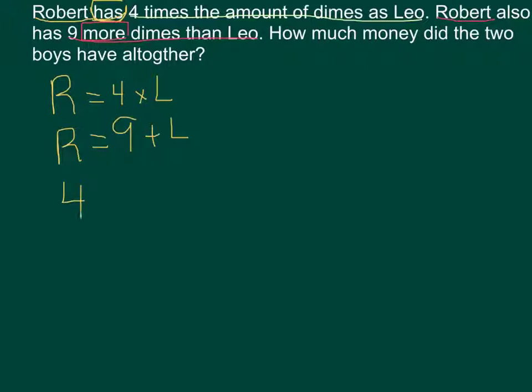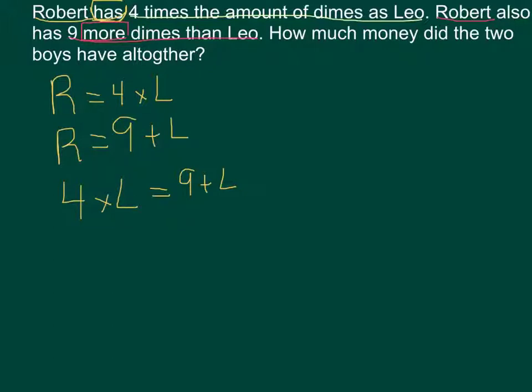So 4 times L equals 9 plus L. So this 4 times L right here is the same 4 times L as up here. This 9 plus L right here is the same as 9 plus L right here.